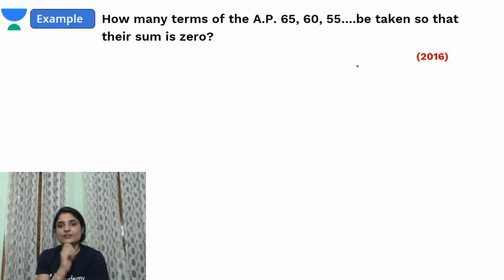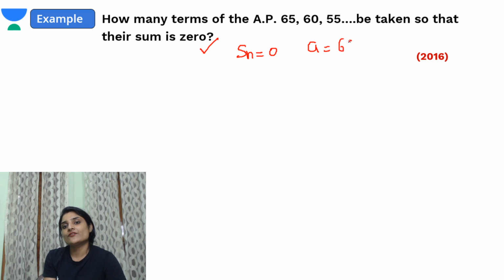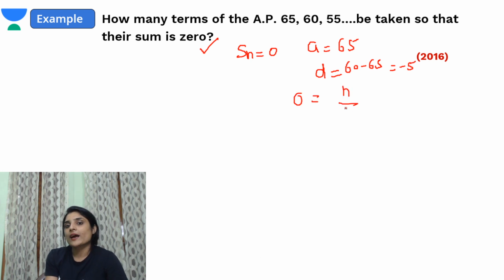With this, let's start with a few questions. How many terms of this AP will be taken to get the sum 0? So here Sn is equal to 0, a will be 65 and d will be 60 minus 65, that means minus 5. So Sn is equal to 0, that means n by 2 into (2 into 65 plus (n minus 1) into d, that is minus 5).